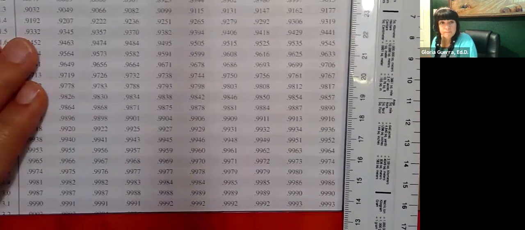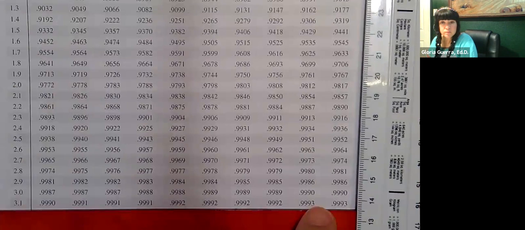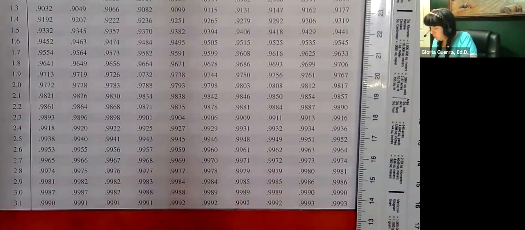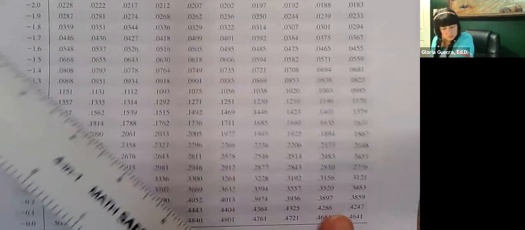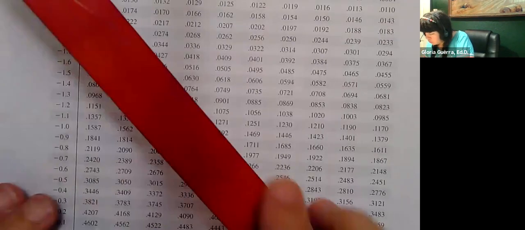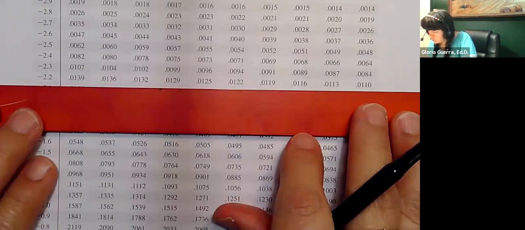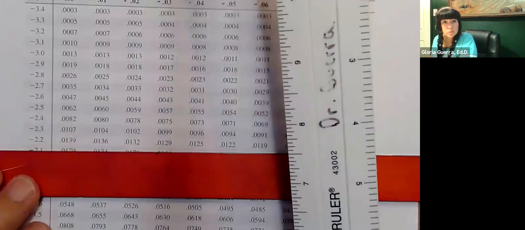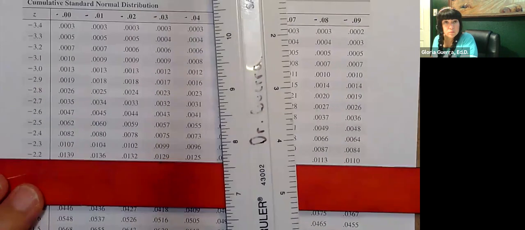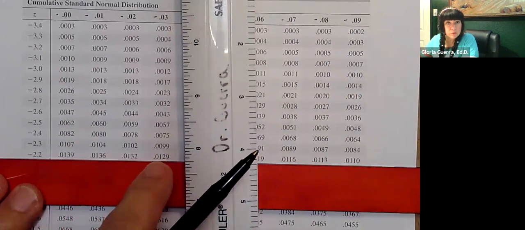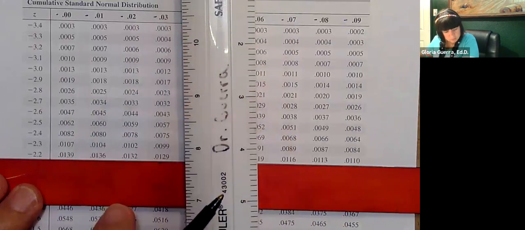It's the last one. And then the other one is negative 2.2. So go to your negative chart. Negative 2.2 and then 0.03.